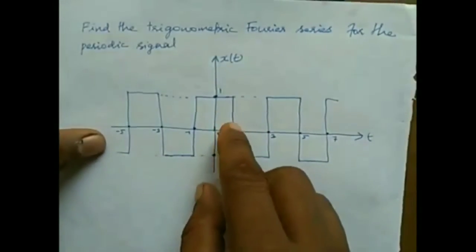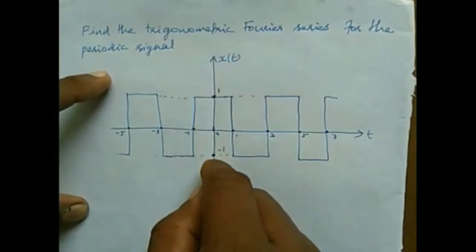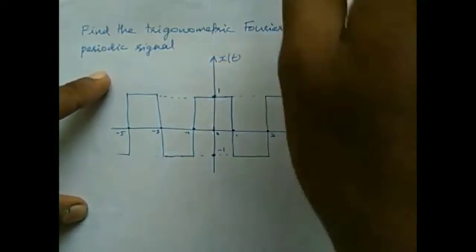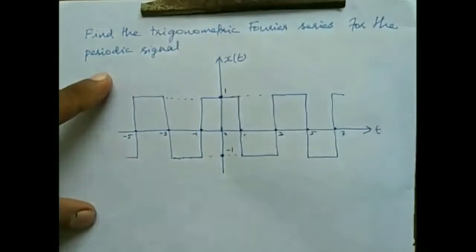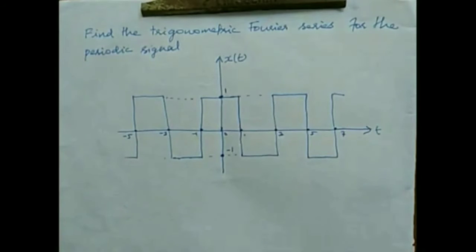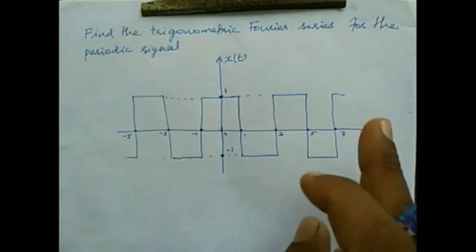That means the signal is symmetrical about the vertical axis also. Otherwise, we can say that the signal satisfies the condition x of t is equal to x of minus t, which means the given signal is an even signal. Okay, these are the things to be noted.